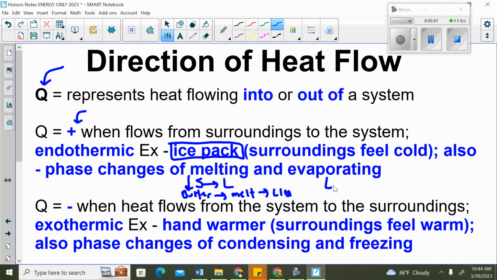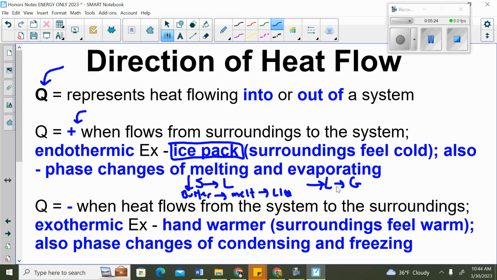Evaporating is what? Liquid to gas. So in order for that liquid to become a gas, right, to change that phase, that liquid had to take in energy in order to become a gas. Now, did you feel something cold here? No, liquid to gas is usually at a higher temperature, right?